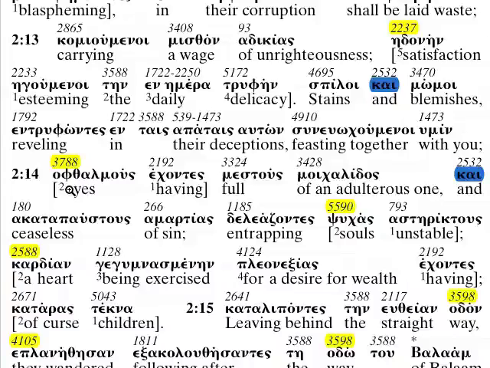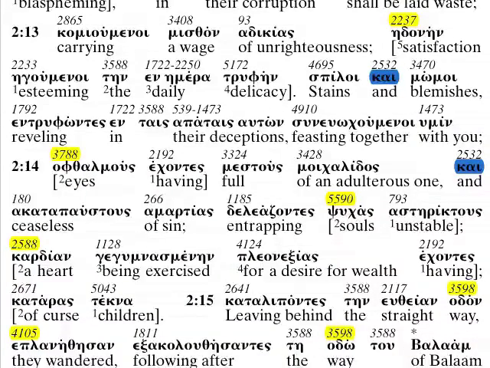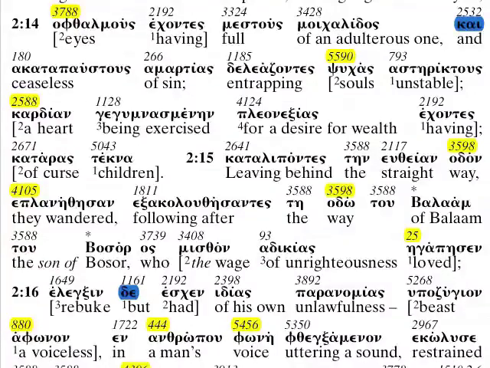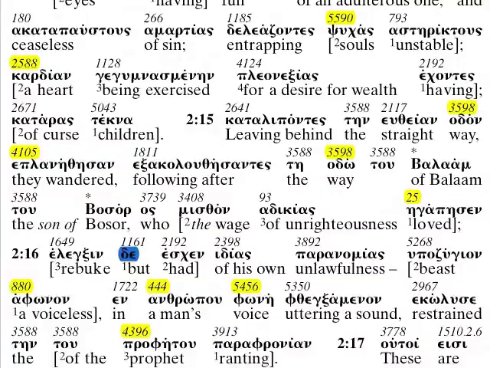Having eyes, ophthalmus, ophthalmologist, full of an adulterous one, and ceaseless of sin, entrapping unstable psychos, souls, lives. Having a heart, cardian, cardiac arrest, being exercised for a desire for wealth. They are children of curse. So these people may be in the churches, they may even be leaders, and they have a special place that is prepared for them.